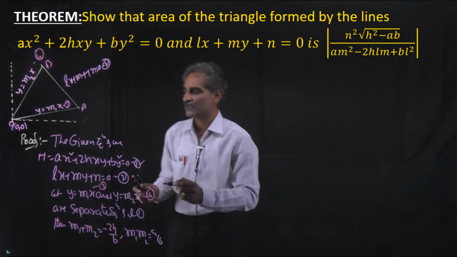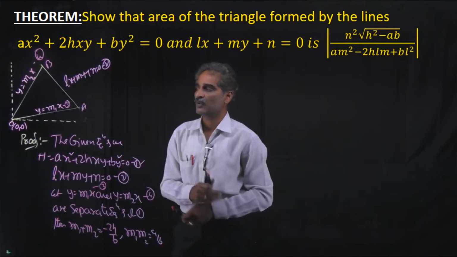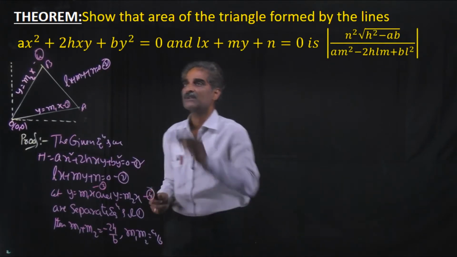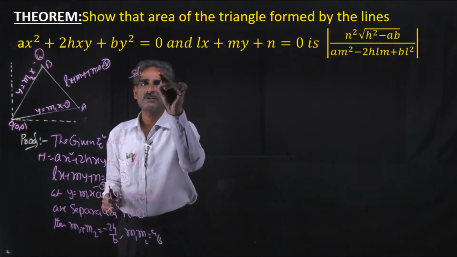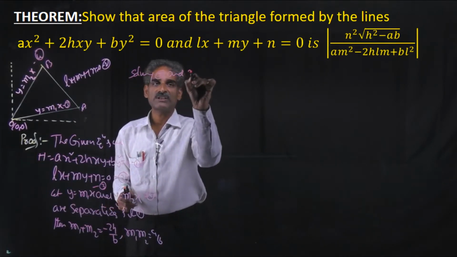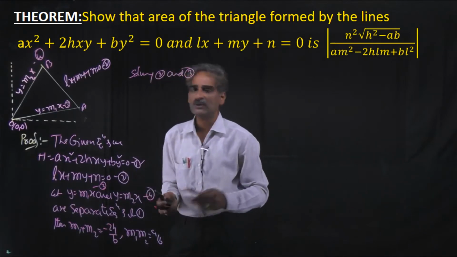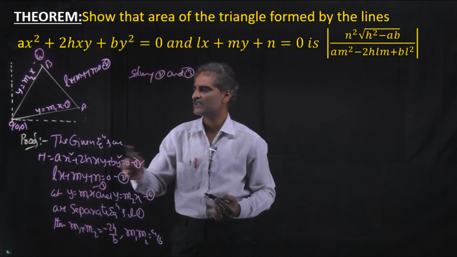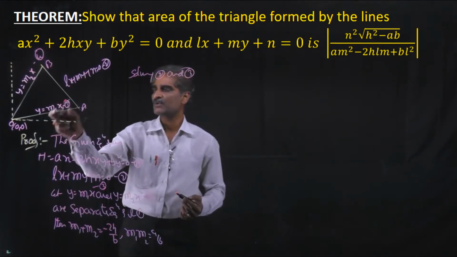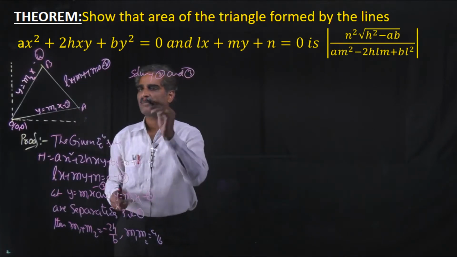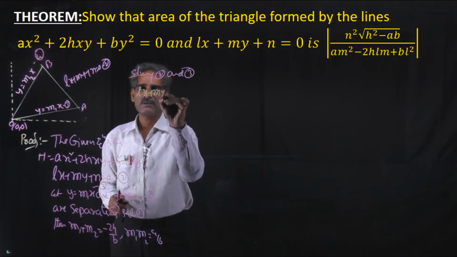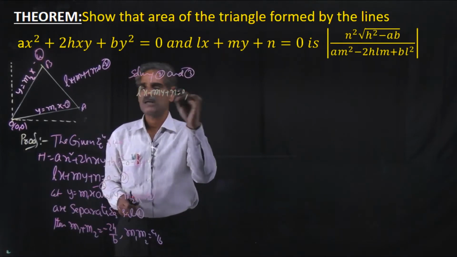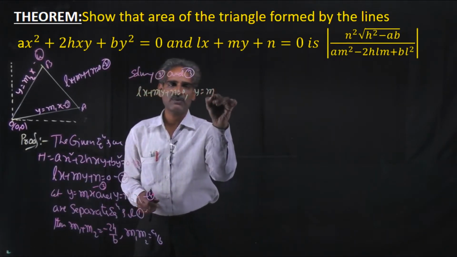Okay, so for that, first of all find out the intersecting point of 2 and 3. Solving 2 and 3. Just how can you find point of intersection? Simply just substitute y equal to m1x in the second equation. Then what will happen? Here the 2 is lx plus my plus n equal to 0 and 3 is y equal to m1x.